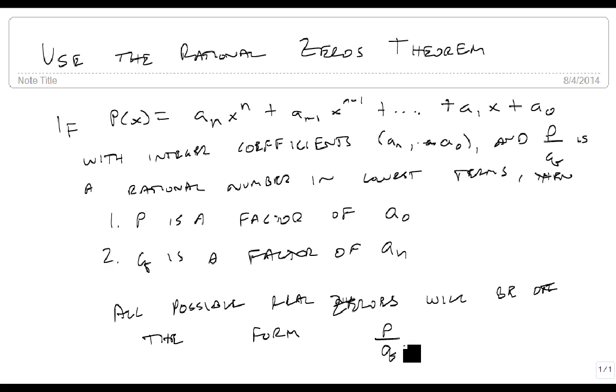Or rather, all the possible rational zeros, not real. There will be some real numbers that don't follow this. But we can find all of the rational zeros by taking only factors of the last number divided by factors of the first number. And that greatly limits the playing field of numbers that we need to look for.